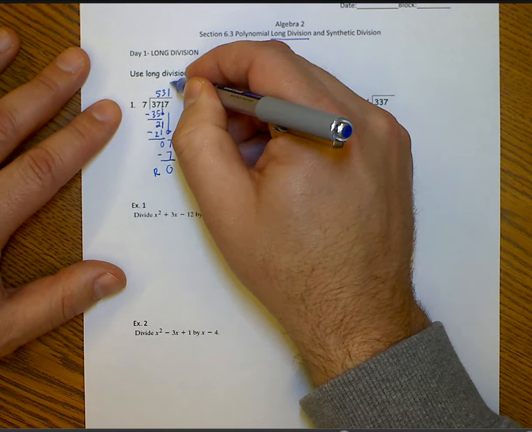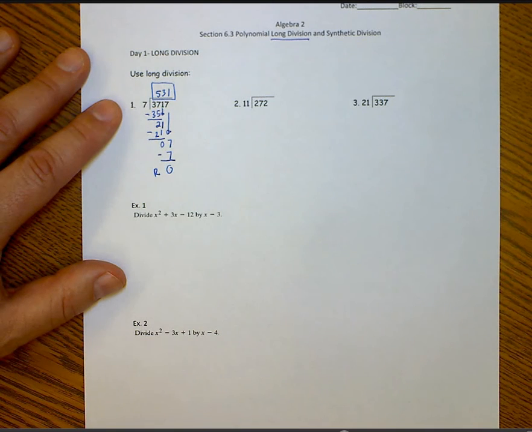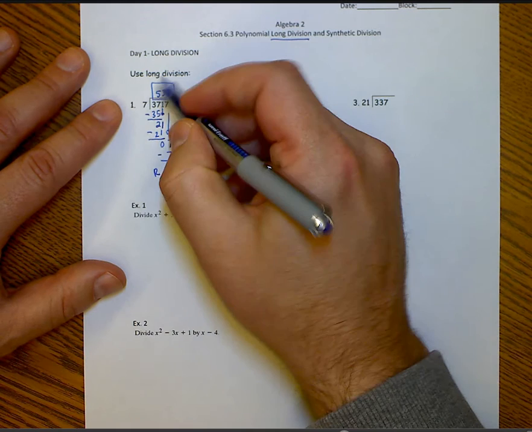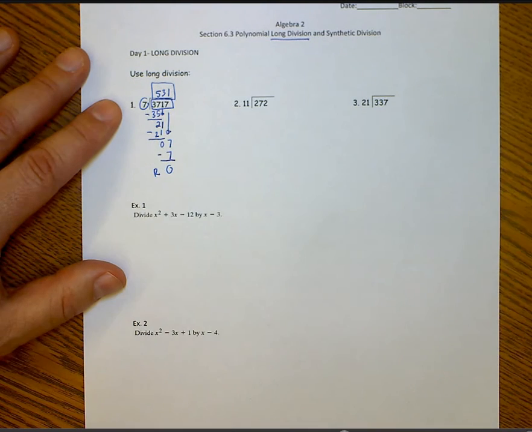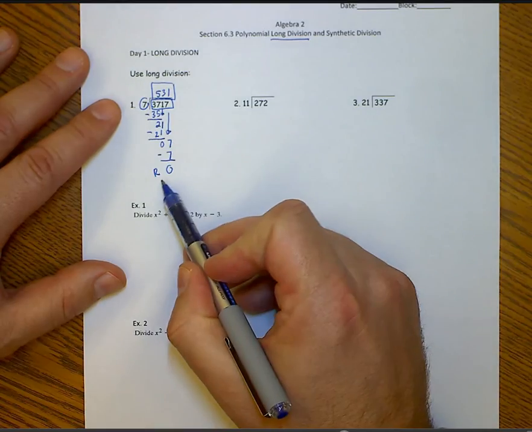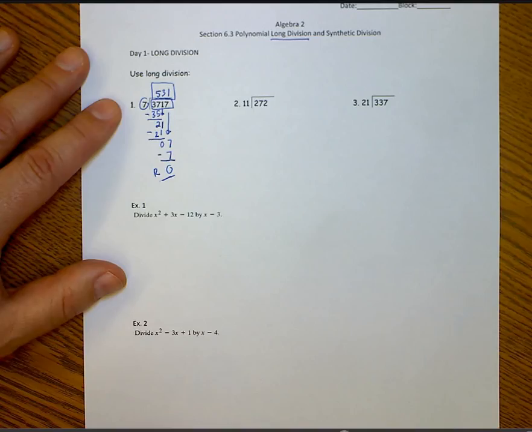So this is telling me that 7 is a factor of 371. And it's important to remember, it's because it has a remainder of 0 that I know 7 is a factor.